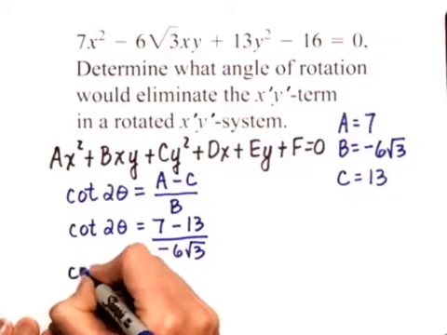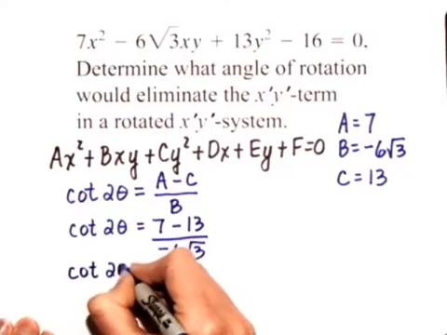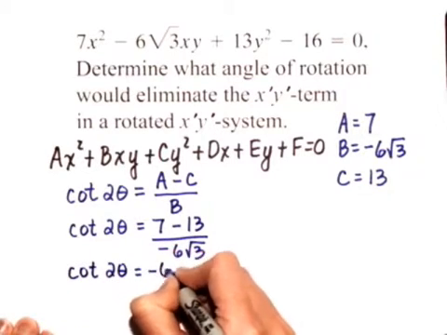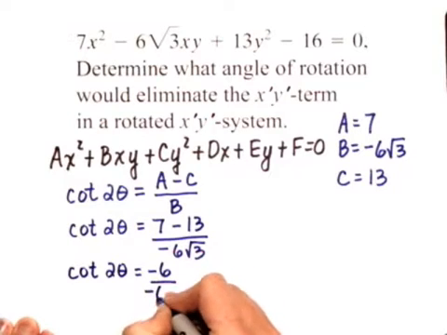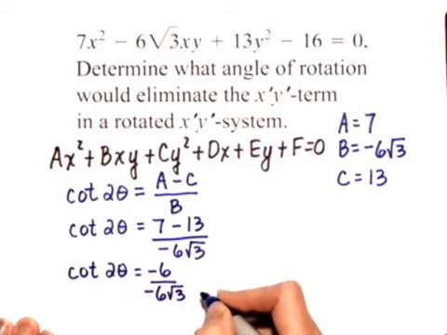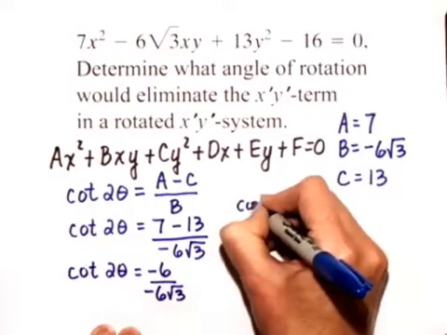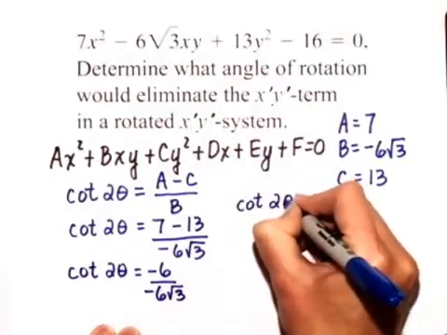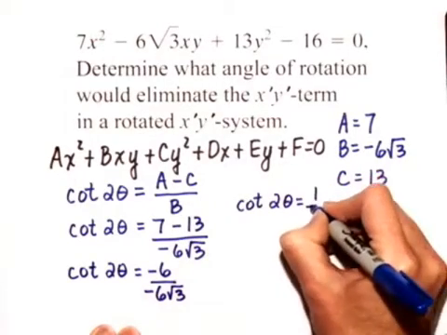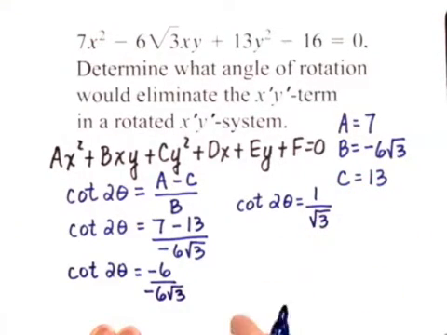So we have cotangent of 2 theta is equal to negative 6 over negative 6 root 3, or we can simplify this to cotangent of 2 theta is equal to 1 over the square root of 3.